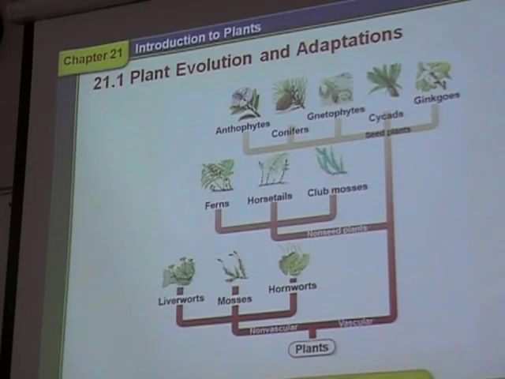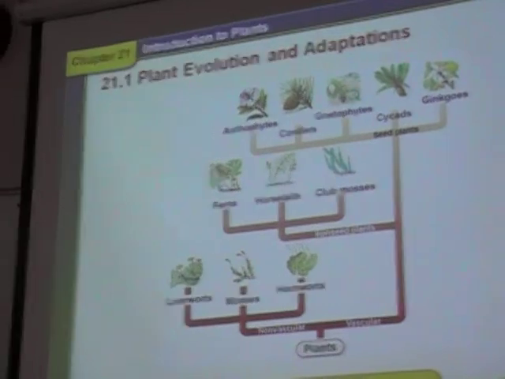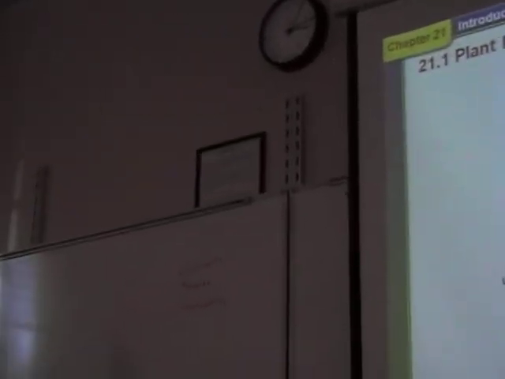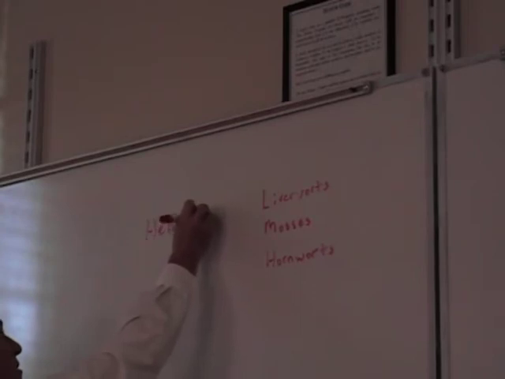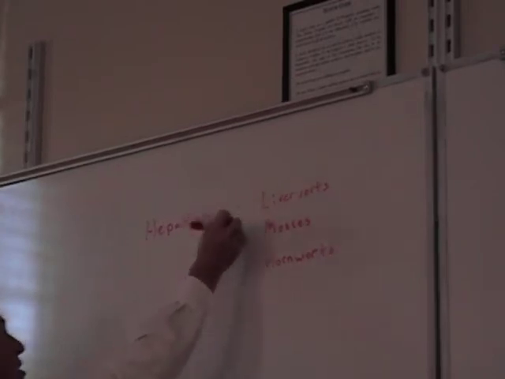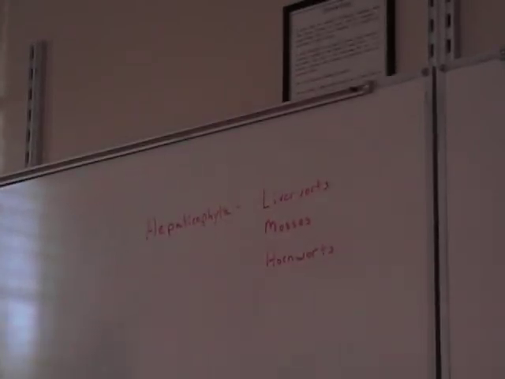You might want to go ahead and make this list. These are all the phylum names. I want to make sure I spell these right. Hepatophyta. That's for liverworts? Those are the liverworts. You've got to memorize all these. They'll all be on the next test.